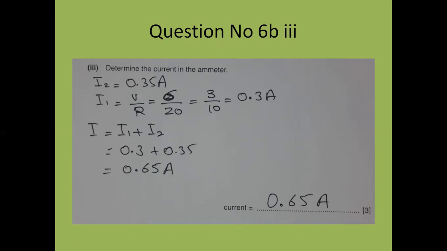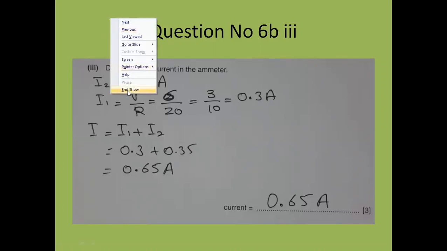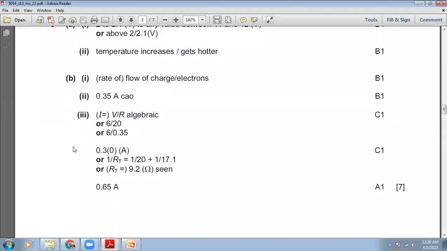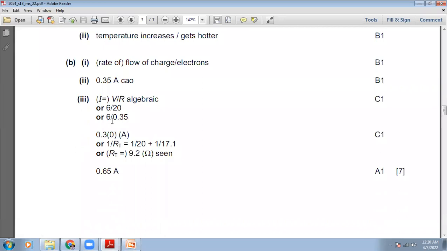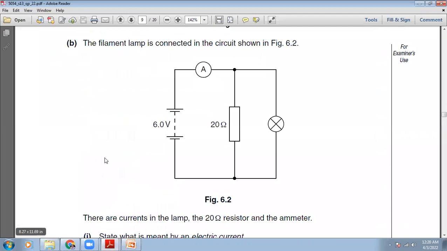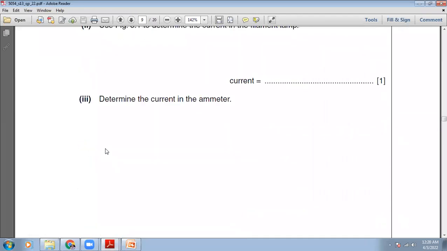So the total current coming from the battery will be I1 plus I2, 0.3 plus 0.35, 0.65 ampere. So you can see our answer is right. 0.65 ampere is the right answer.